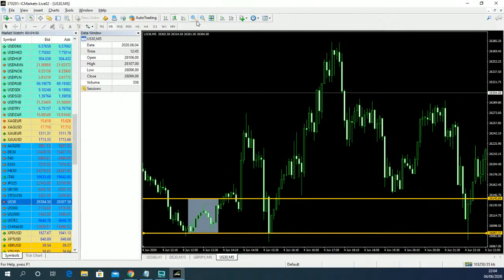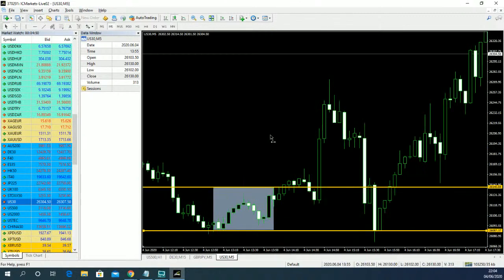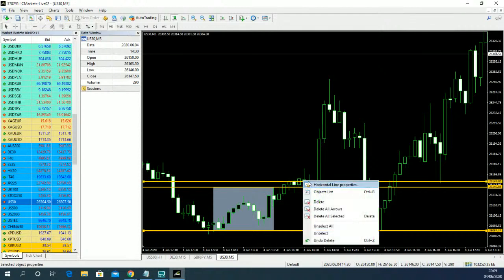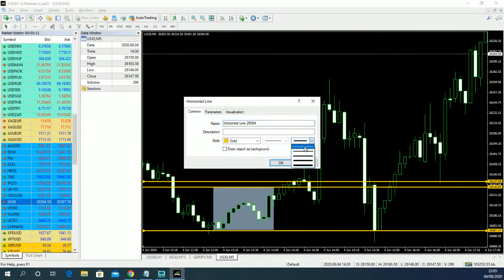Maybe I'll make it bigger so you can see. This is called an inverted hammer candle. That is your buy trigger, so you bought from there at the close of that candle. Let me make that a buy line.